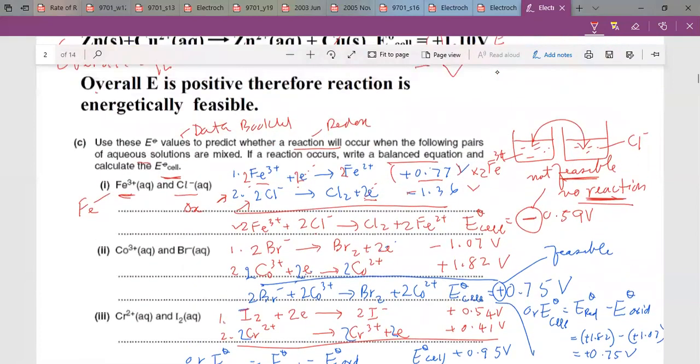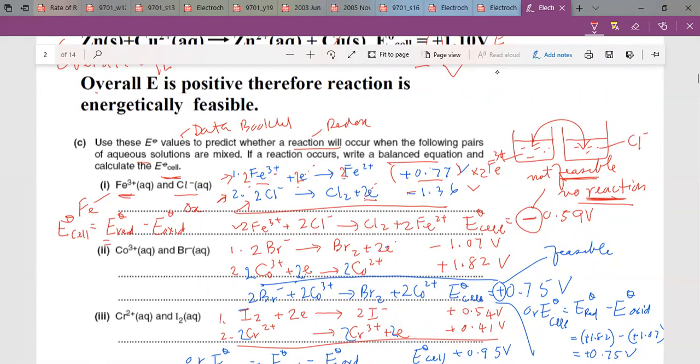Of course, there's a simplest way to do it. I told you something, and I keep repeating it because it's so important: E reduction minus E oxidation. Reduction in this case is Fe3+ to 2+.